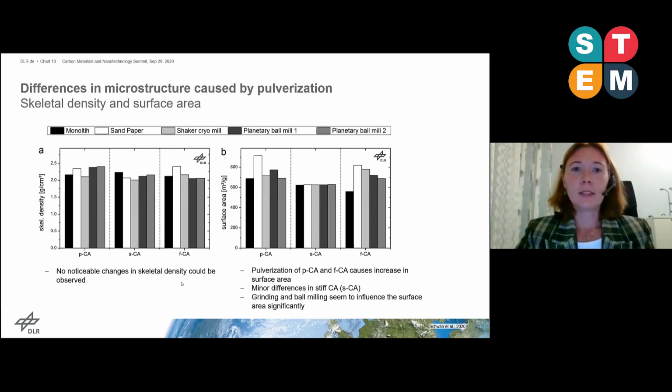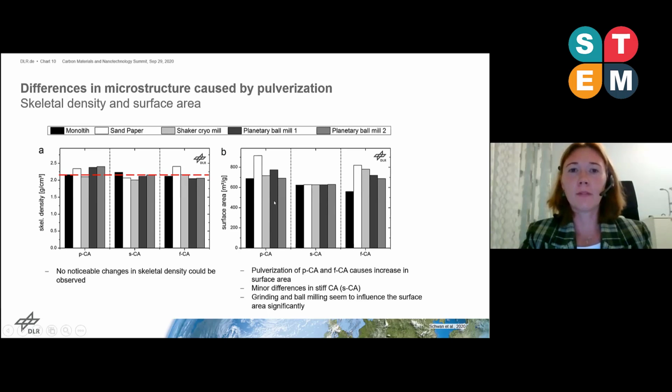The skeletal density was measured by helium pycnometry, and here we see that all of the samples, the PCA, the SCA, and the flexible carbon aerogel, have similar skeletal density, which was expected because we do not change the chemical structure of the material.